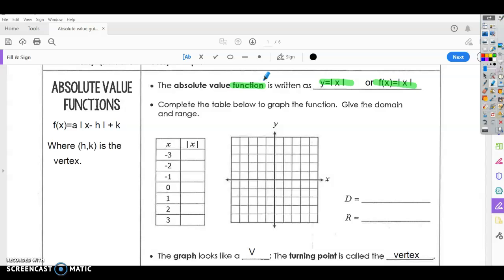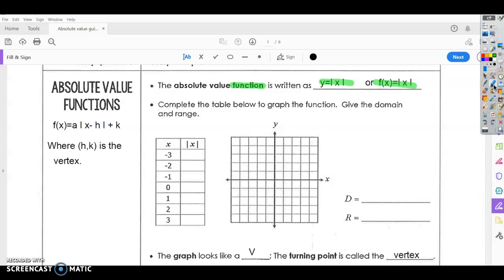All right, I want to look at a little bit more detailed equation. So those are your parent functions, or the most basic absolute value function, where it just is the absolute value of x. But over on the left here where it says absolute value functions, here is an equation that you need to be familiar with as well. f of x equals a times the absolute value of x minus h plus k, and this is going to be the absolute value function that we're going to use more often.